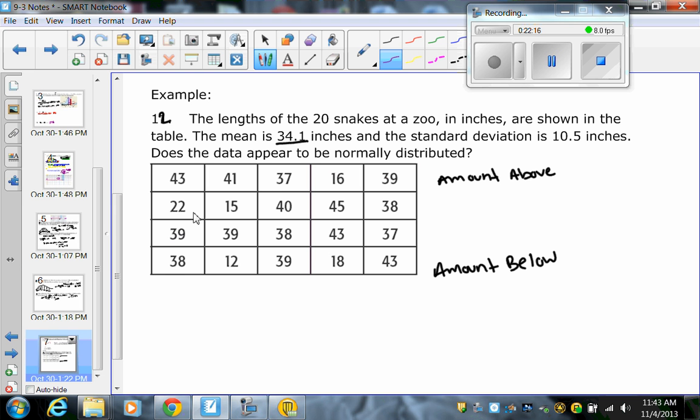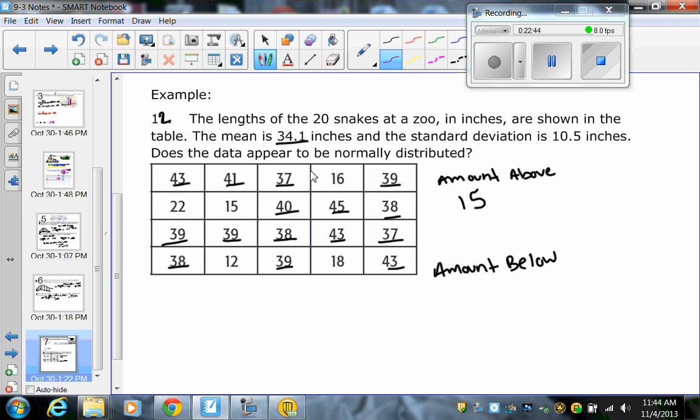So if I look at all the numbers that are above 34, you have 38, 39, 42, 43, 41, 39, 39, 38, 40, 37, 45, 43, 43, 37, 38, 39. So there are 1, 2, 3, 4, 5, 6, 7, 8, 9, 10, 11, 12, 13, 14, 15 above.